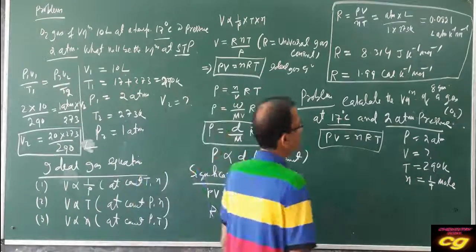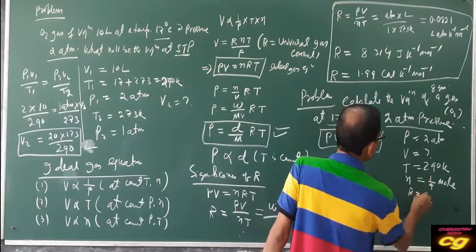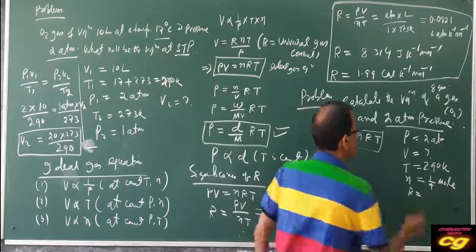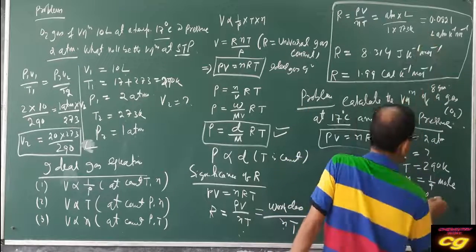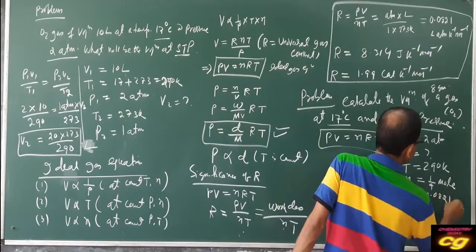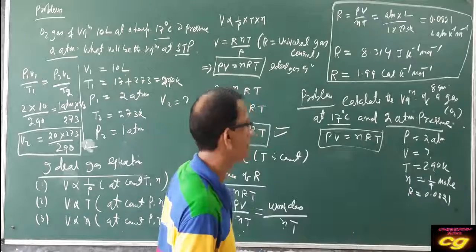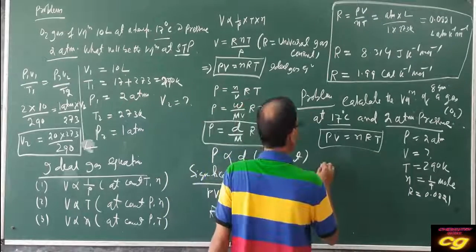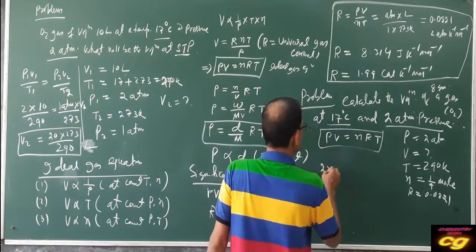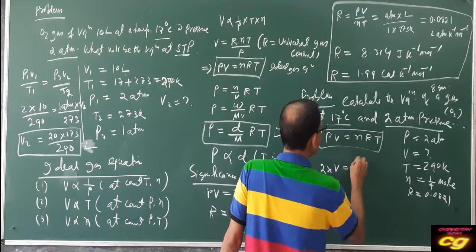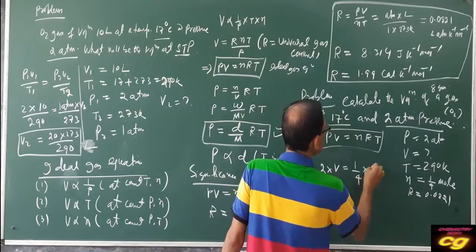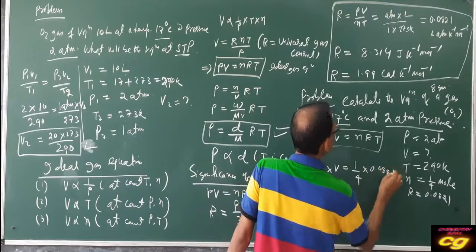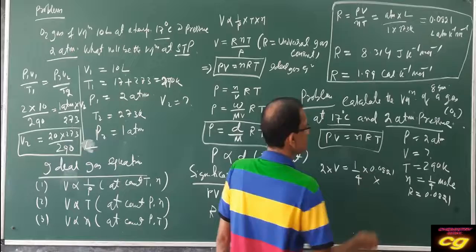So P, n, T, R values are known. R is in atmosphere, so we use the value 0.0821. Now what is the value of volume? We will put in the data. P is 2. V is asked. n is equal to 1 by 4. Then R is 0.0821. T is 290.